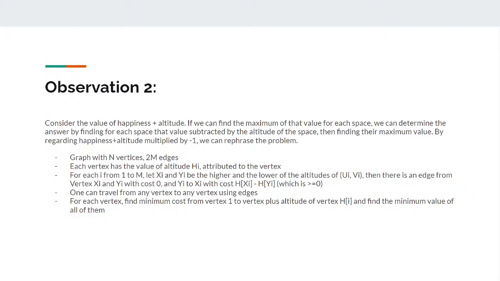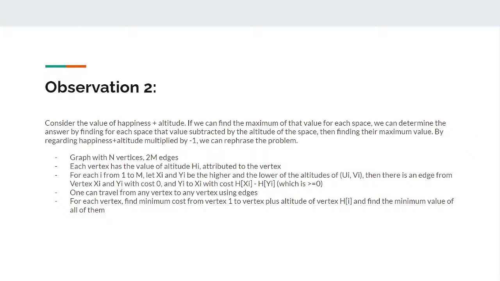But this is good because it's not negative. And if the altitude increases, his happiness will decrease a lot more, twice the difference in altitude. So if we just take this total, it's still going to be negative. So what we can do is multiply everything by -1. Now you can think of it as the happiness plus altitude that he loses.